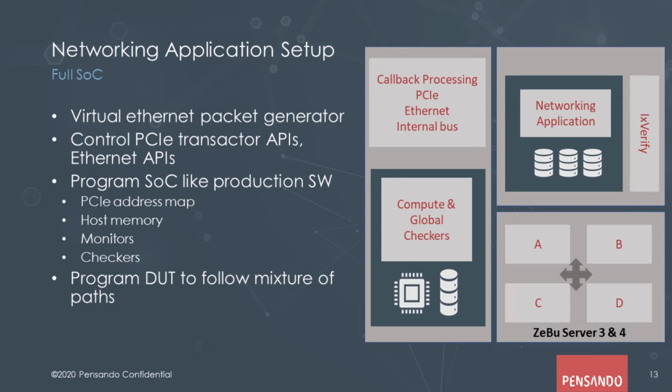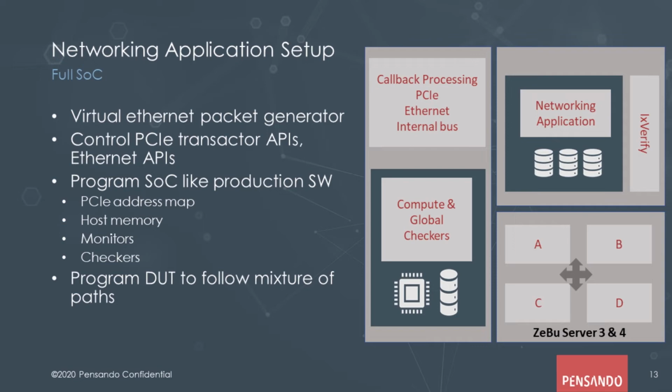This user application needs to be aware of the DUT itself. It needs to be aware of the Ethernet packet. The code needs to go through a lot of processing before it can hand off to the DUT. And when we receive a packet from the DUT, we do the reverse: we need to declassify it, and then send it back to IxVerify. In each of these processes, we need to add checkers, and we also need to add more transformation of packets, as PCIe TLP data is different from Ethernet data, so there is a lot of packet transformation in place.